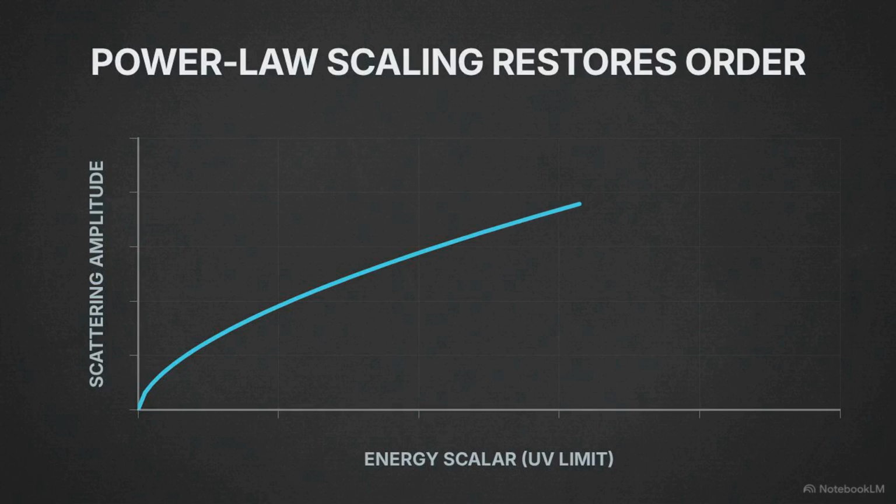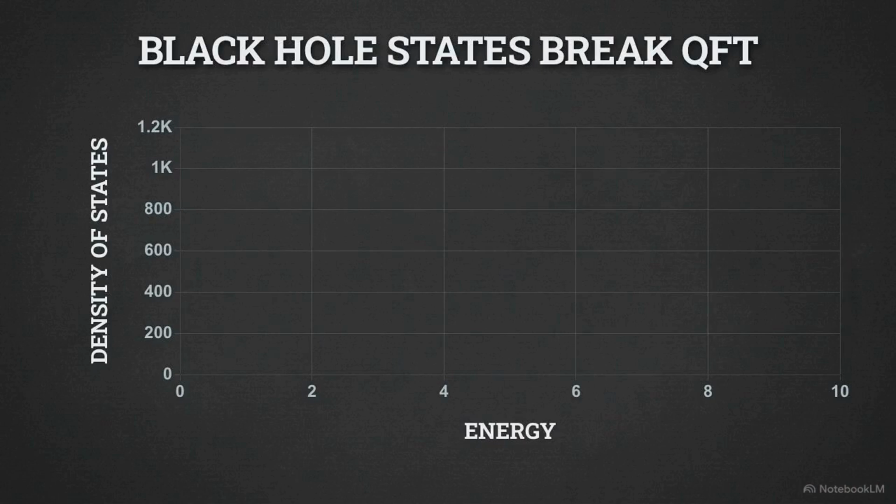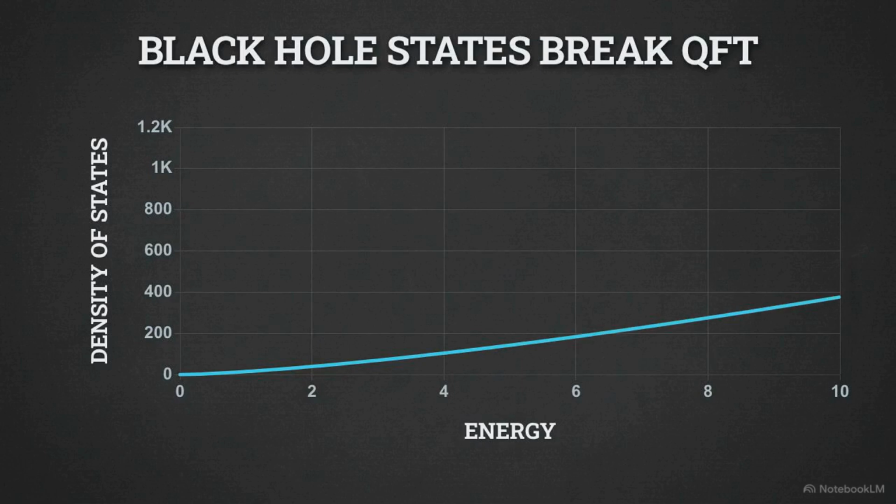However, asymptotically safe gravity has its own strict requirement here. Its high-energy scattering amplitudes must exhibit scale invariance, scaling as a power law. This contradicts asymptotic darkness, the expectation that the high-energy spectrum of any gravitational theory is dominated by the formation of large black holes. This graph illustrates the conflict. The bottom curve represents the power law required by quantum field theory. Rising above it is the super exponential curve, representing black hole density of states.